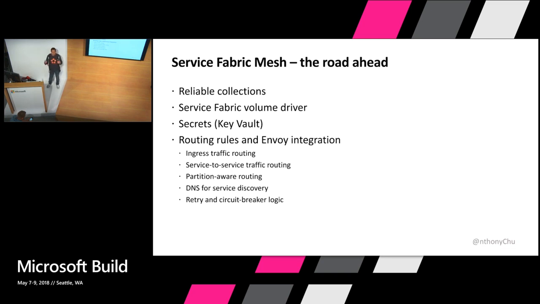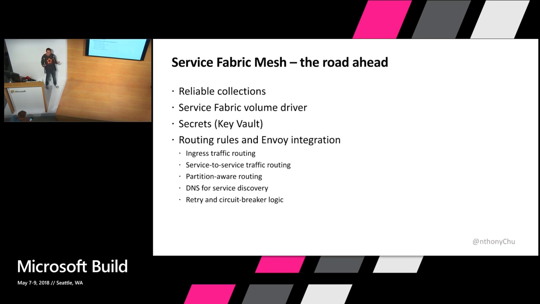And it'll also help us with service-to-service communications. So when you write a service, all you have to do is make an HTTP call to another service using just standard HTTP calls, DNS lookups and stuff. And the service mesh itself will deal with actually routing that request to the right place.